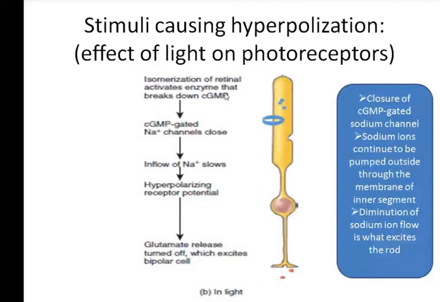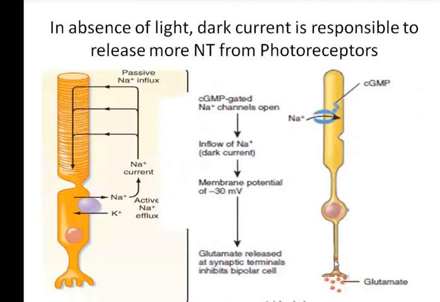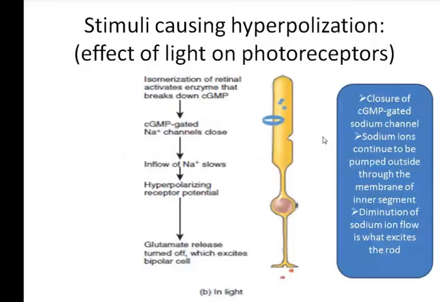Now, when the light strikes on this, hyperpolarization goes on, and the release of glutamate is less. In dark, the cell is in a depolarized state, but the release of glutamate is high, and the cell is not activated, but here the cell is being activated.